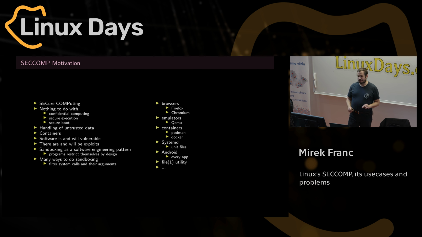But SECCOMP kind of helps with this, because basically with SECCOMP you promise the kernel not to execute certain syscall numbers. You all know what a syscall is, right? So you promise the kernel not to execute certain syscalls, or certain syscalls with certain arguments, at the beginning. But when you break that promise afterwards, you are basically killed by the kernel.